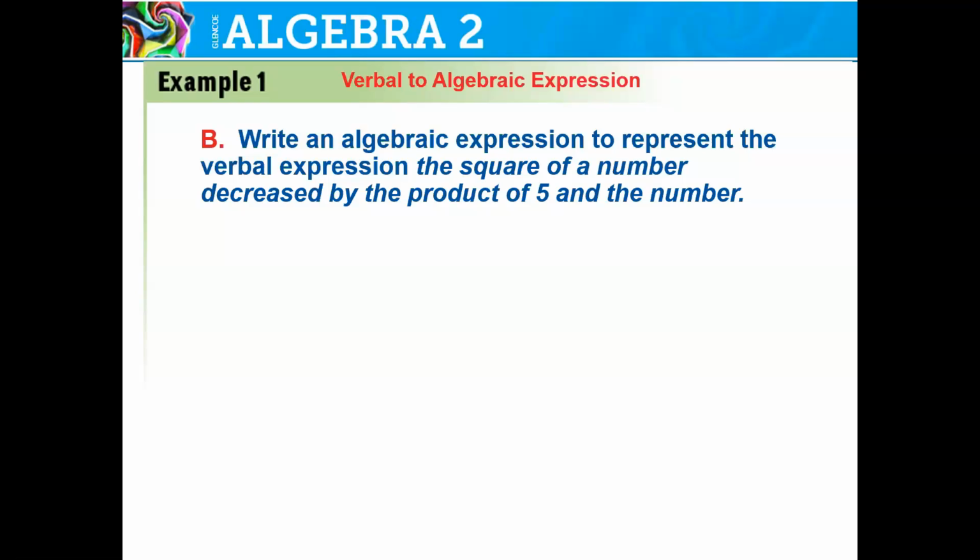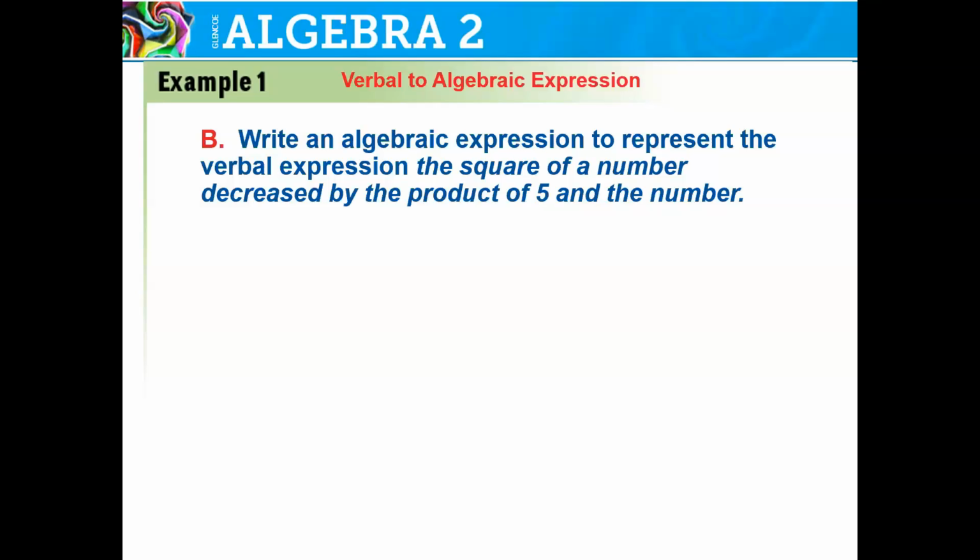So that's that first portion. The square of a number is x squared, or variable squared, and then decreased by, there's your key term again. That means we're going to be subtracting the product of 5 and that number. So we're going to have two instances where we have the variable. We have x squared, and then we subtract the product of 5 and that number.